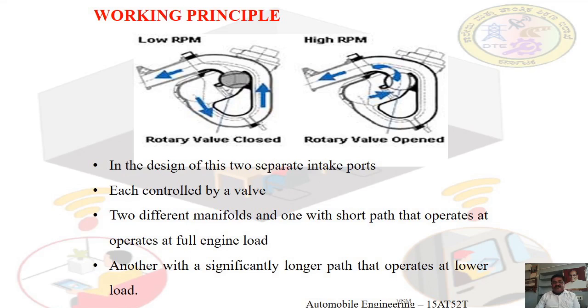In another sketch, the fresh charge air flows through the shorter path and the rotary valve is opened. So what is the difference between those two sketches?